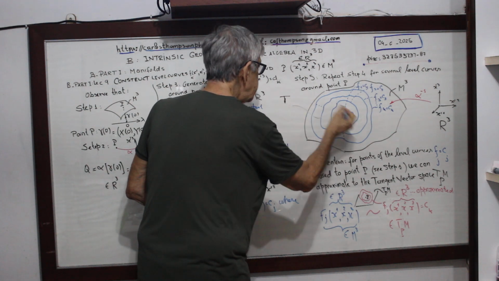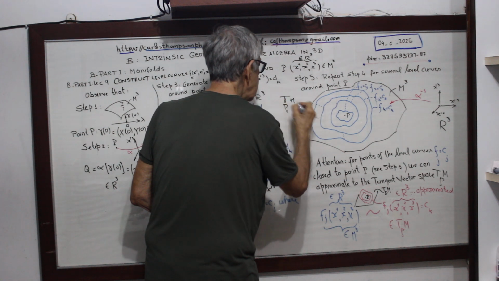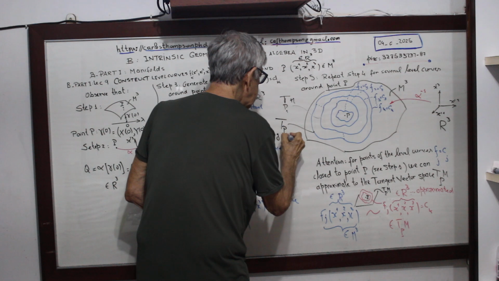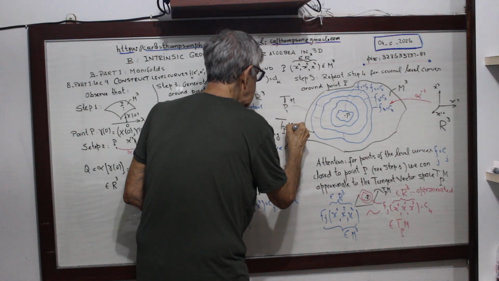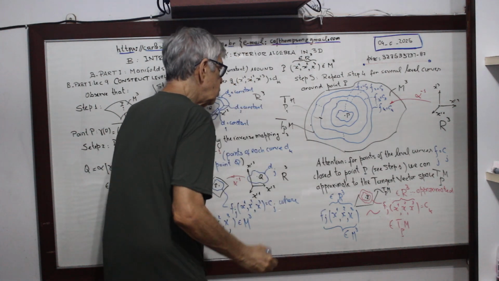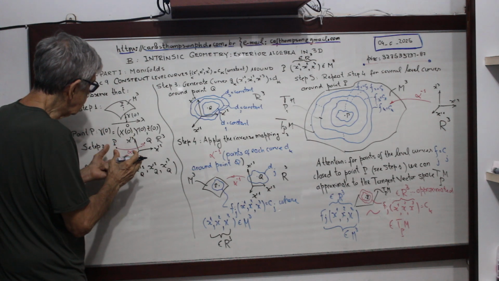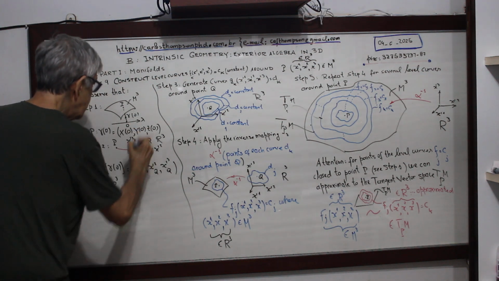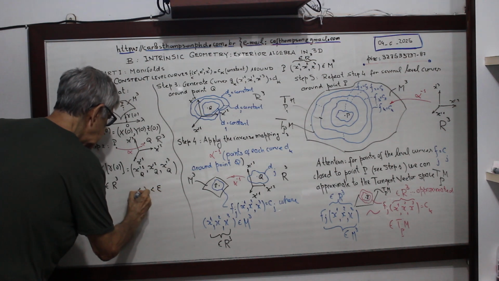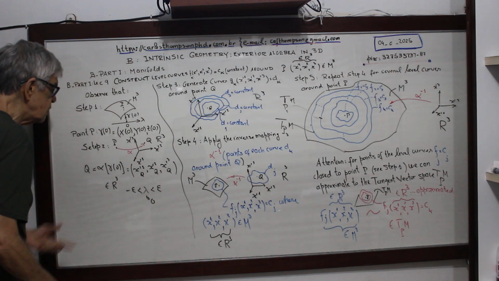Let's call them T_P1 M, T_P2 M, and so on. At each point here, I will do the same approximation that I did over here. Do you remember? Lambda is plus epsilon and minus epsilon, and this is lambda equal to 0.